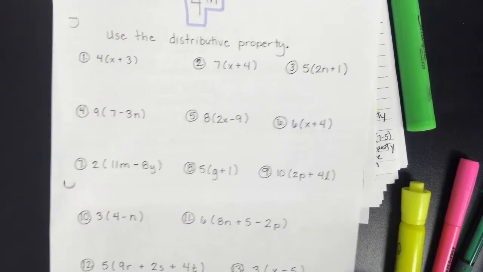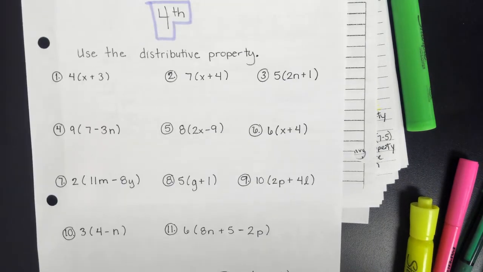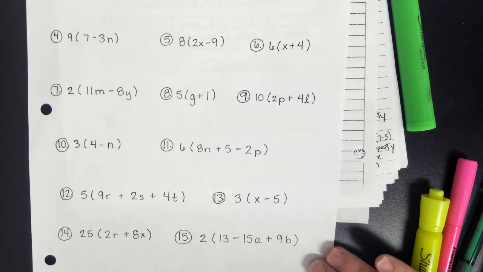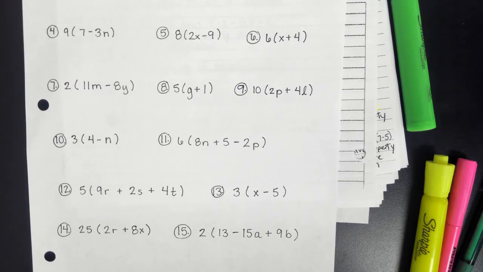Please let me talk, guys. It was a little challenge from Miss Sawyer's group, and honestly, nothing is different. You're just distributing the numbers. There are also 2 kids in my 5th period who have this sheet, which is fine, not a big deal.